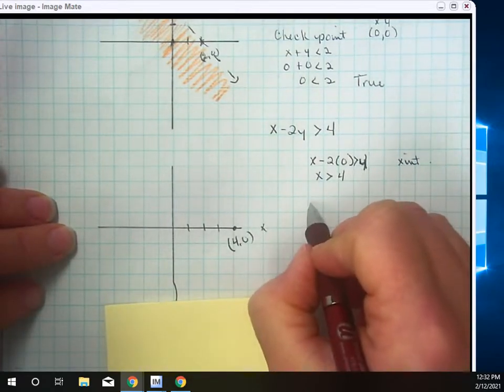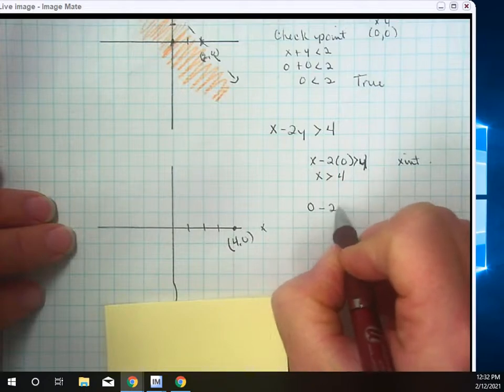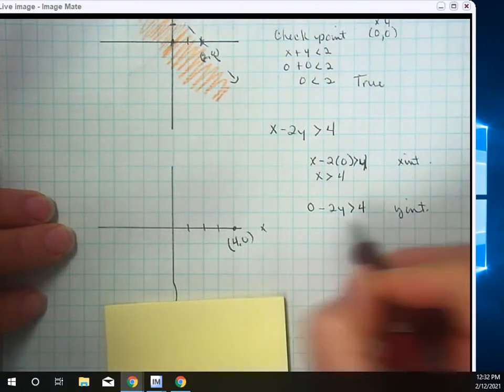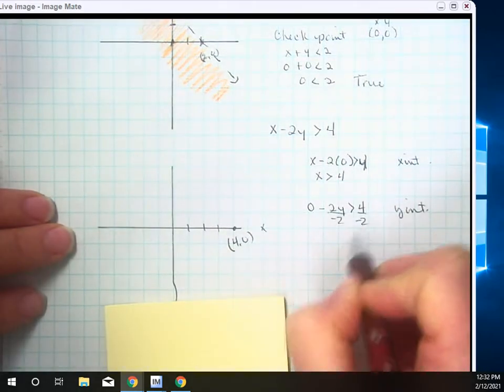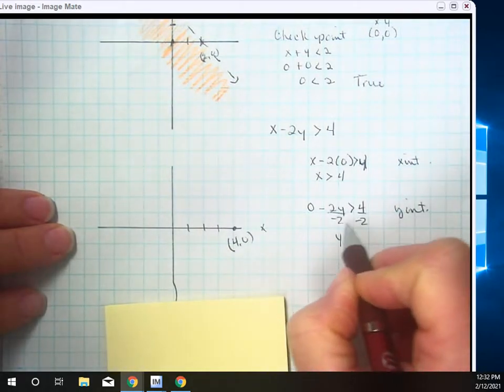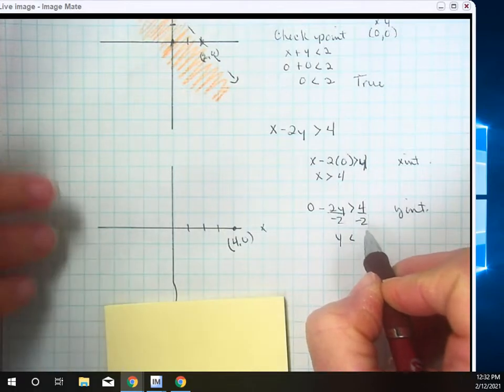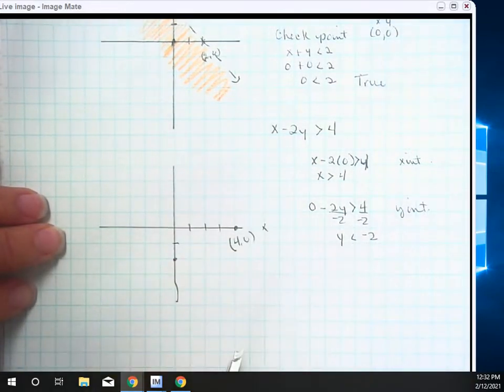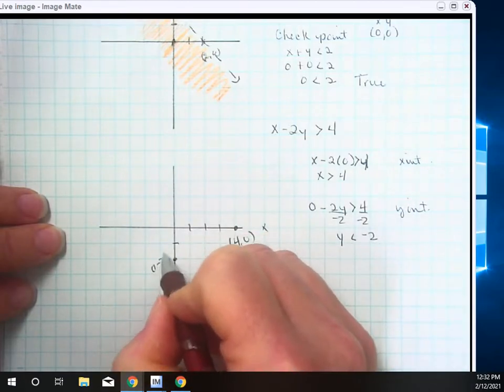I substitute a 0 for the x, and that is going to be for my y-intercept. I'm going to divide by the negative 2. And remember, when you're multiplying or dividing by a negative, you flip the sign. So y is less than negative 2, giving the point (0, negative 2).